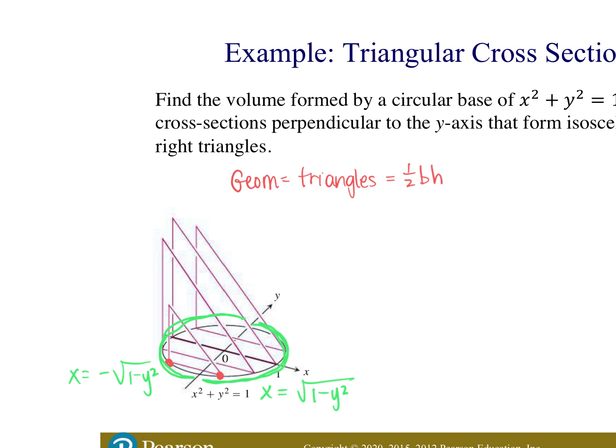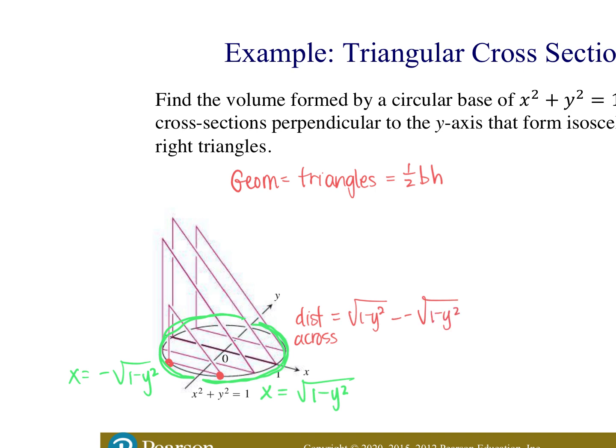Which one's bigger if I'm going to do the subtraction? The positive one is bigger. Has to be bigger. I got to start with the positive one. So my distance across from side to side, touching both sides of the circle, is going to be positive square root of 1 minus y squared minus negative square root of 1 minus y squared.